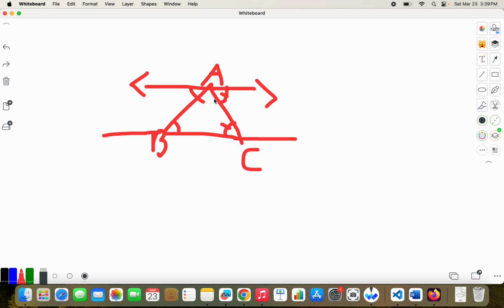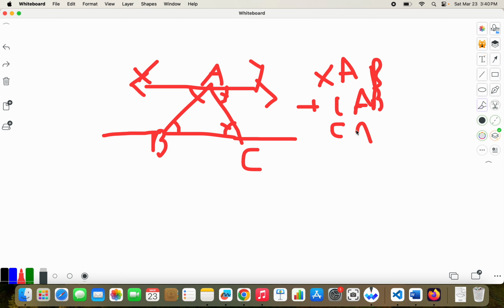So XAB. Oh yeah, sorry, I didn't define X or Y. So in this situation, XAB plus CAB plus CAY is 180, right? Because it's a straight line.